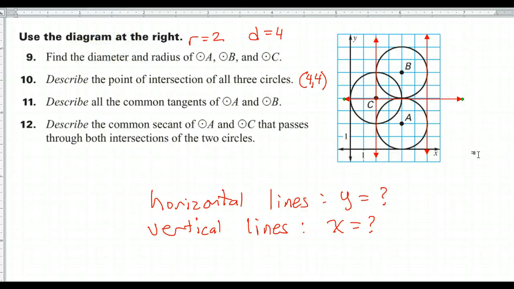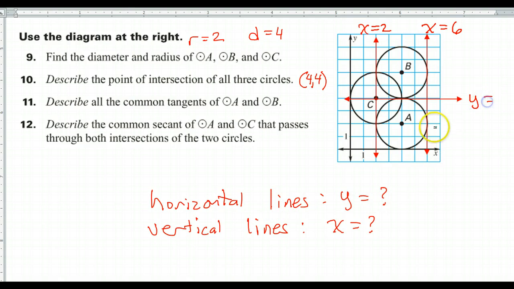Okay, so there are 3 common tangents, and we can name them. The 2 vertical ones are going to be x equals something. So for example, this one will be x equals 2. This one's going to be x equals 6. And this is going to be y equals something because it's horizontal.